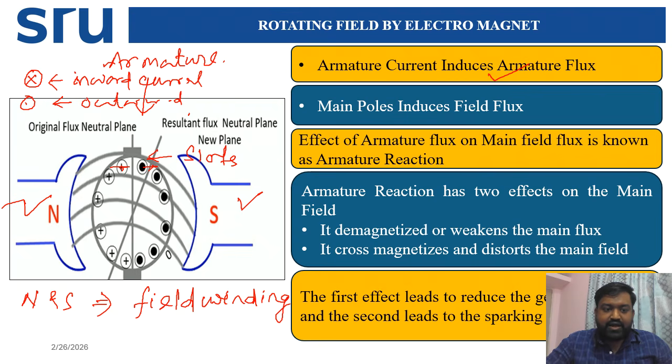And here you see there is a north pole and a south pole, which are the main poles. Due to the main pole, the field flux can be computed. Then, if we consider complete operation under load conditions, with the pole there and the armature there, we look at the effect of the armature flux on the main field flux, because the main field flux goes from north to south.